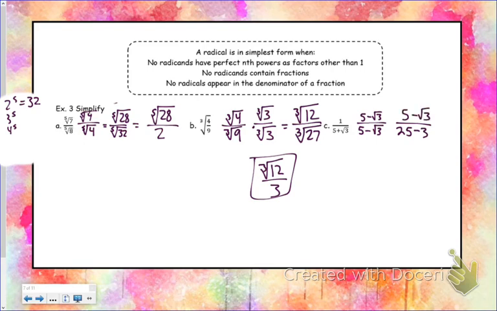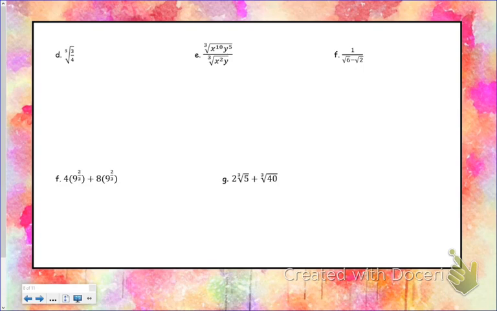So then I just have 5 minus root 3 over 22. All right, so again, if you feel pretty comfortable with this, go ahead and pause it, try D and F, and then we will go over the rest of these again.